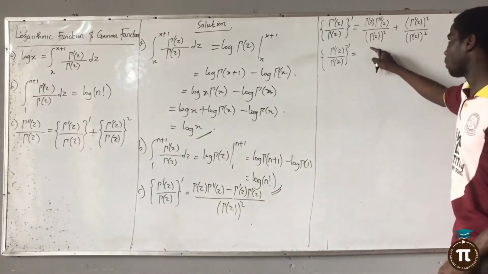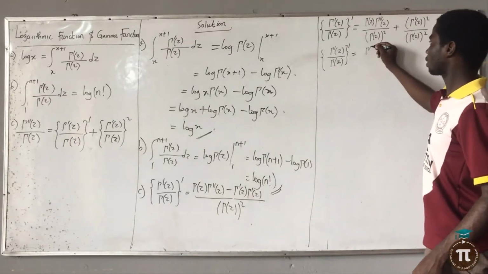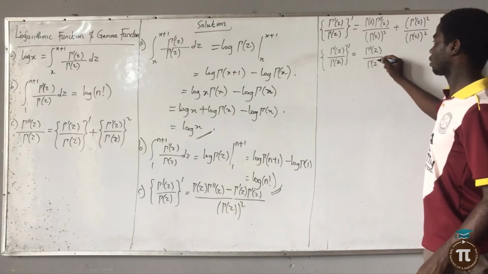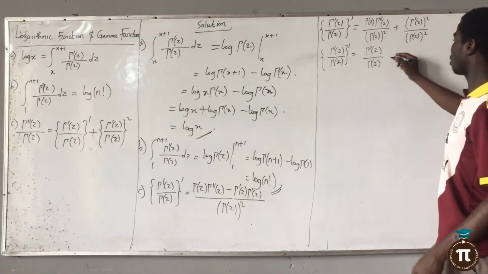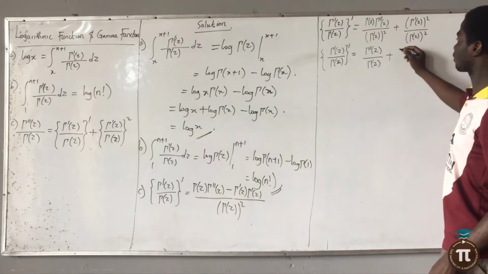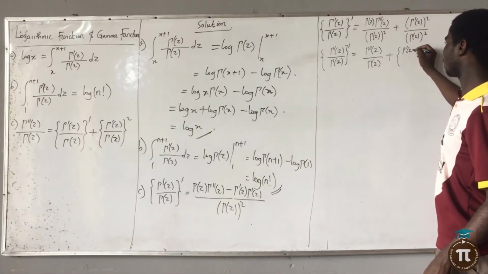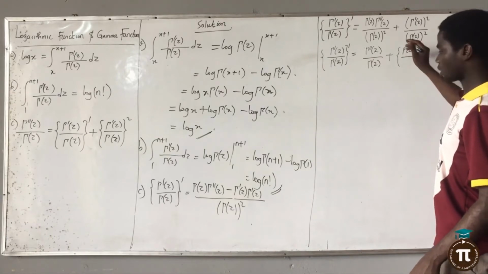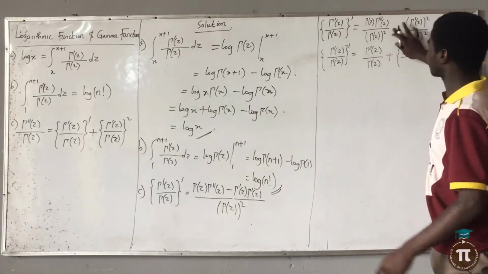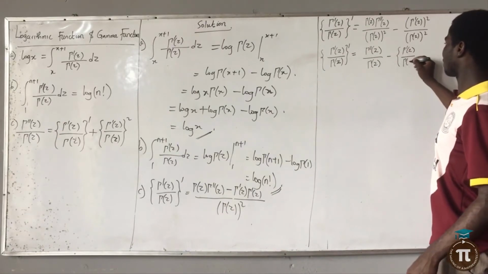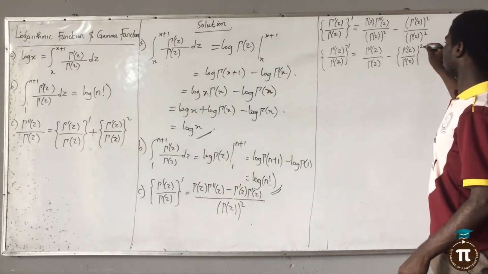Gamma of z cancels gamma of z, so you will be left with the second derivative of gamma of z over gamma of z. One of them will cancel out, and the square is common here, so I have the derivative of gamma of z over gamma of z, all squared, with the sign changed to plus.